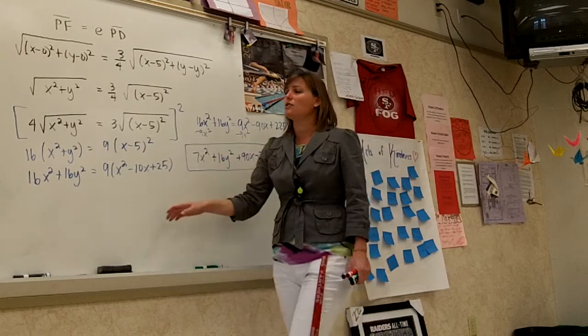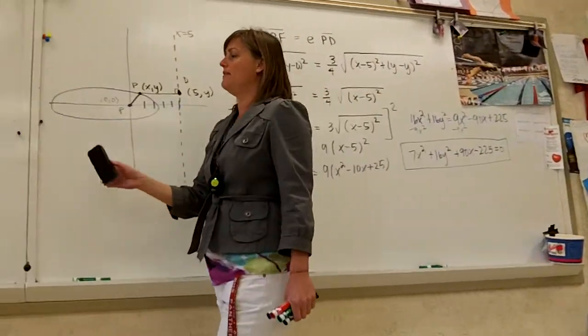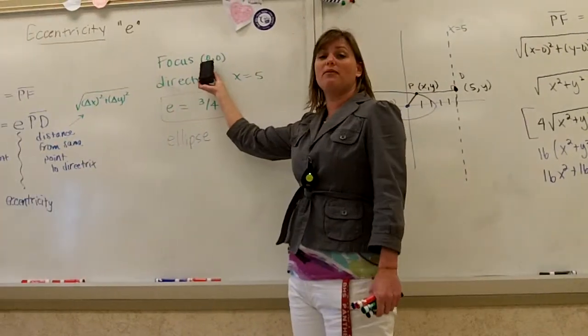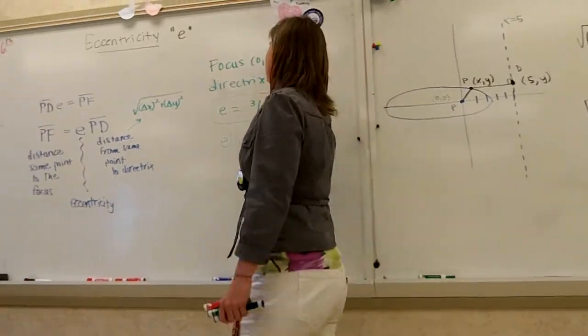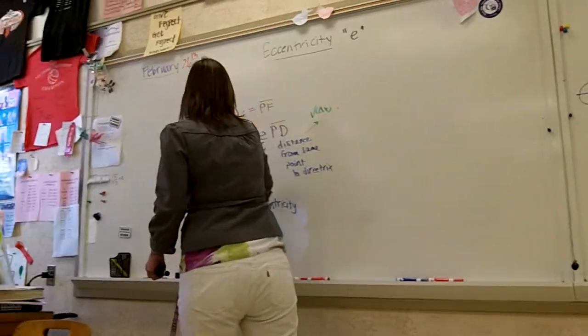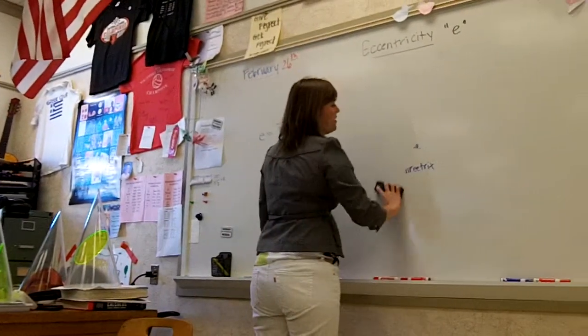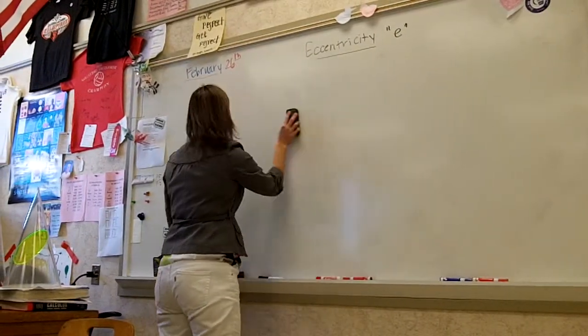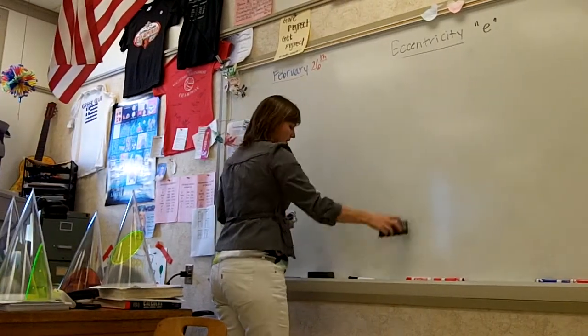Okay, now let's try an example that might be a little bit more difficult that's going to move our focus away from the origin. I know, you want some challenge. So this is going to be your last example, and then we're going to practice this a lot in class tomorrow.